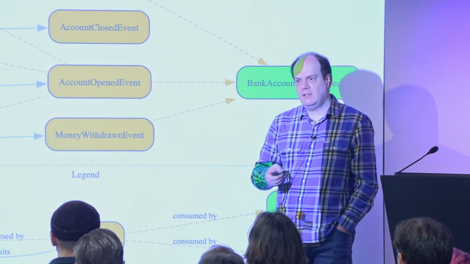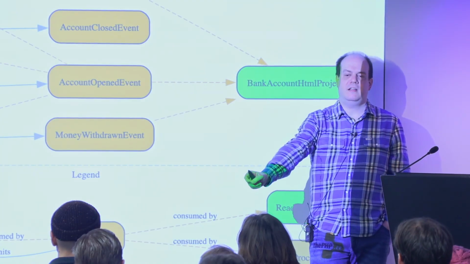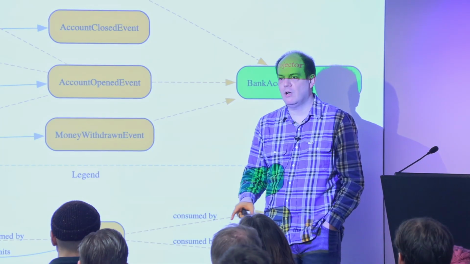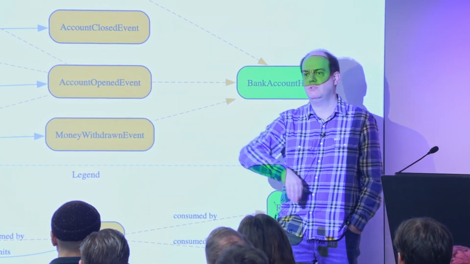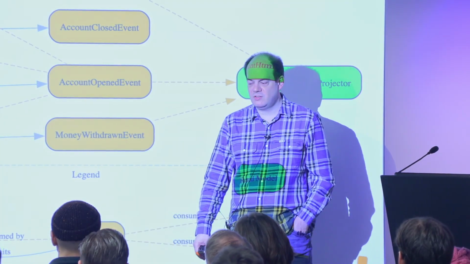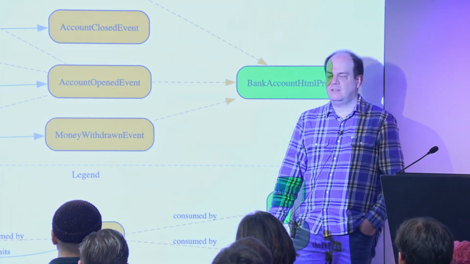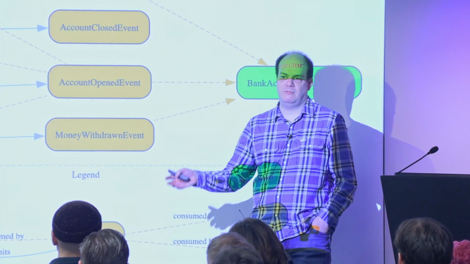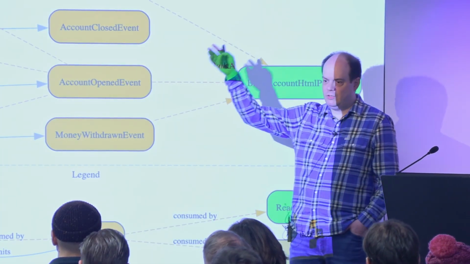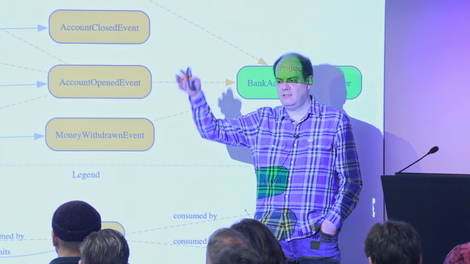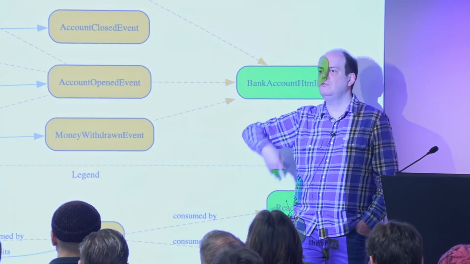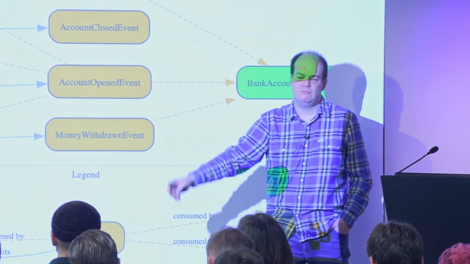And if we do this not just for a single test, but for all our tests, for all our command processors, or for the projectors that look at events to create the read models, then we can get a map of our software based on the events, and we see we have these units of code that read these events, that emit these events, that consume this read model, that produce this read model.